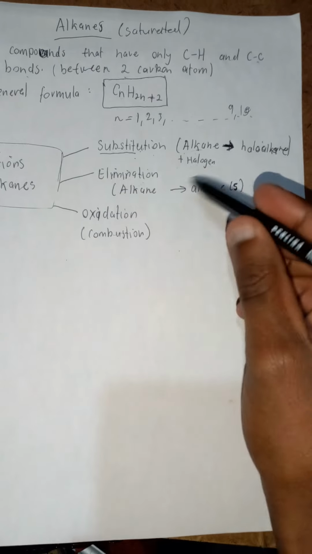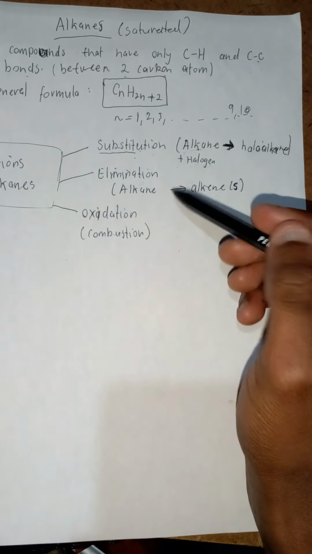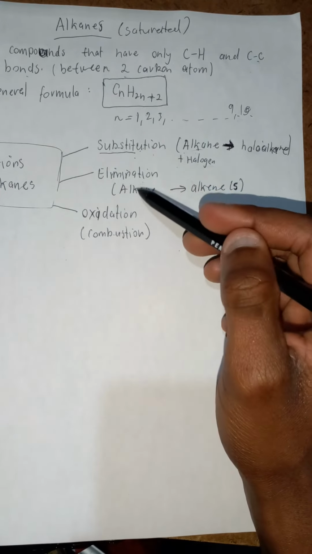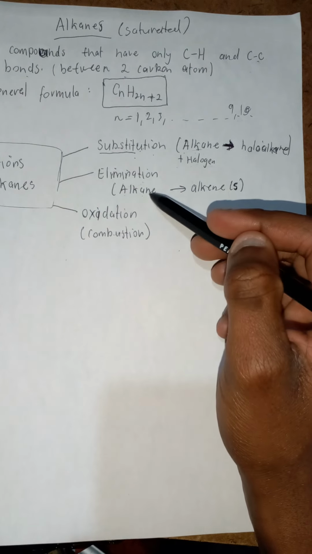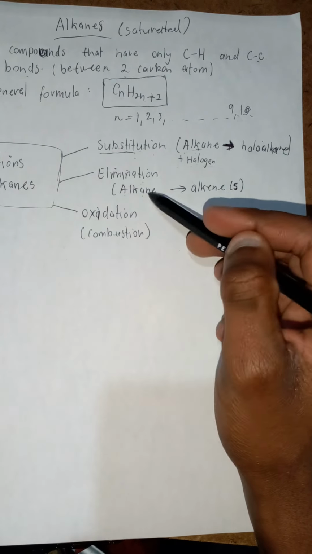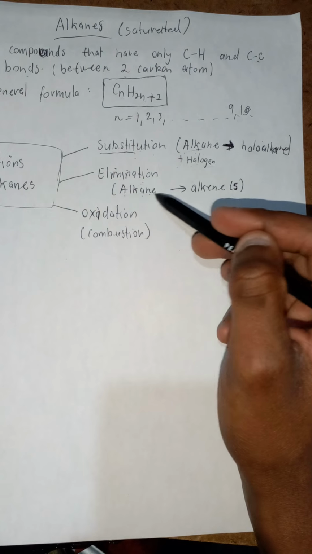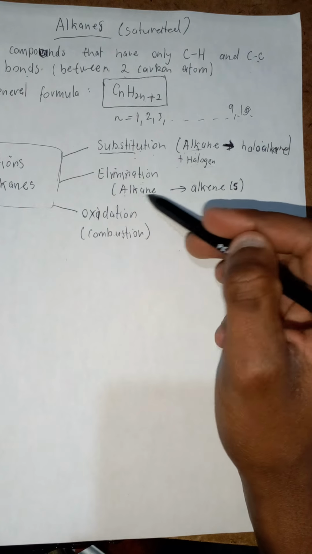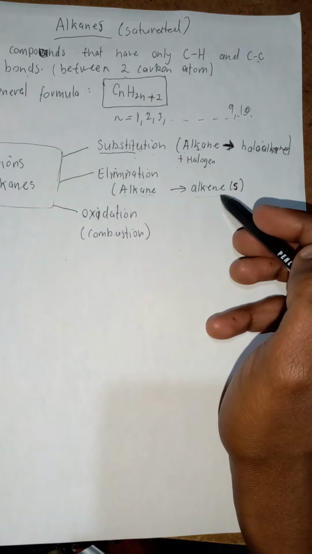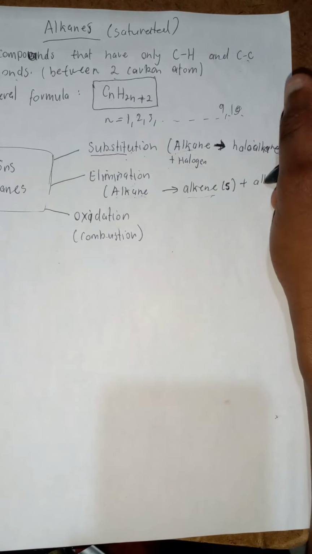So elimination is one of the decomposition reactions, unlike substitution. An alkane is decomposed, meaning that it is breaking down, forming an alkene plus an alkane.